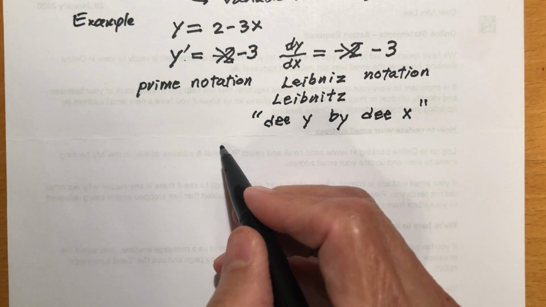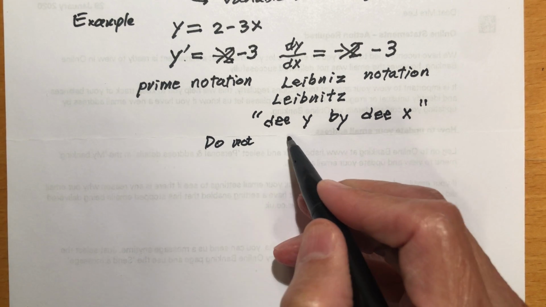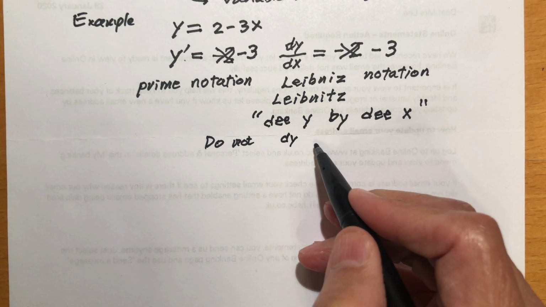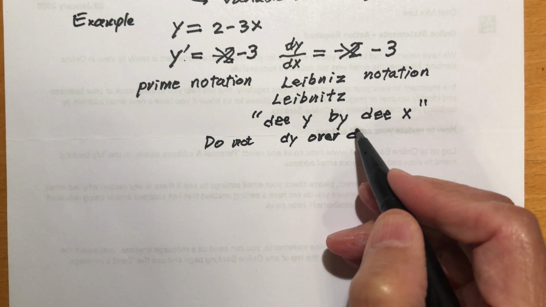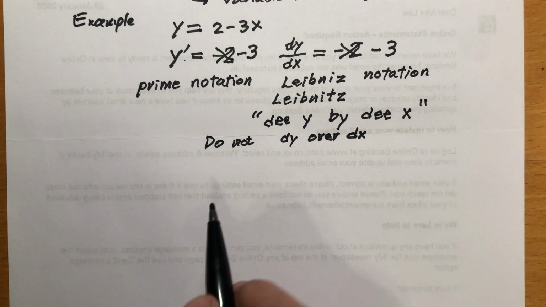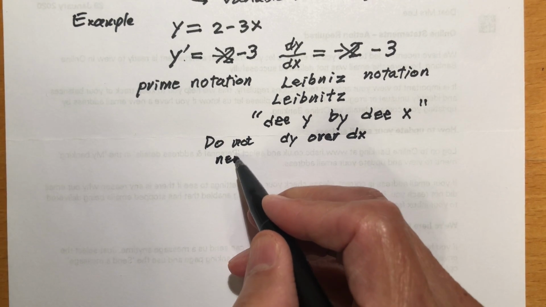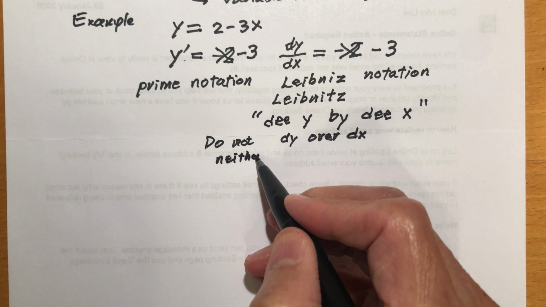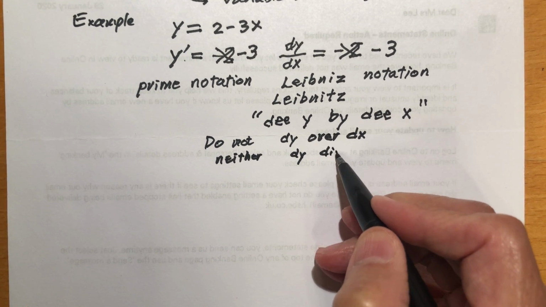Do not pronounce it dy over dx. Don't do that. And neither do you say dy divided by dx.